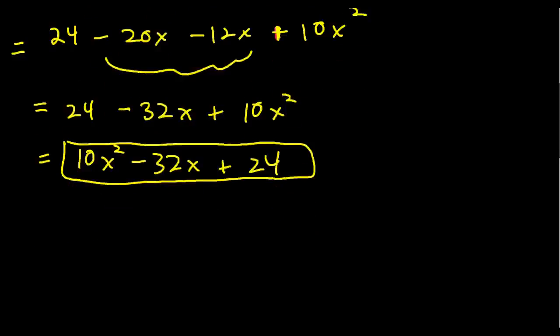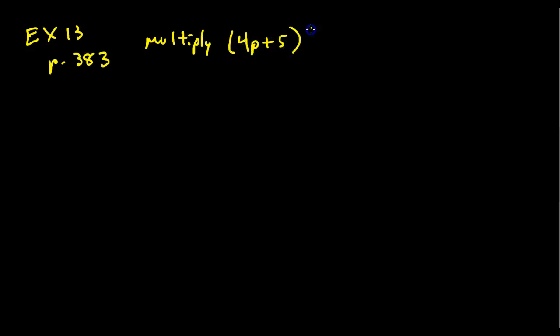All right, we're going to do two more, and we'll call it a day. Let's see, this is example 13 on page 383, right at the top. We multiply 4p plus 5 times 4p minus 5.